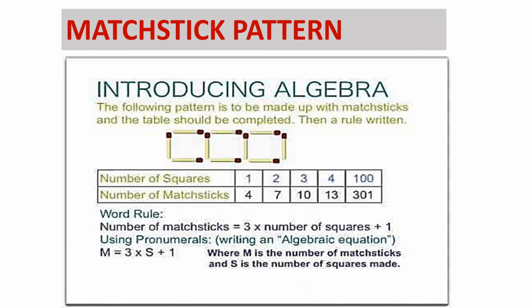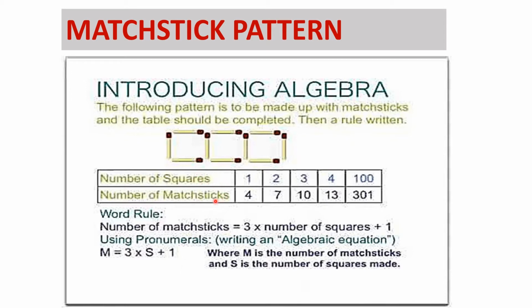Let us understand algebra by using a matchstick pattern. Here you can see a matchstick pattern is shown. Now, first, this is one square, this is the second square, this is the third square, right? So there are three squares joined one with another. Now, suppose the number of squares is 1.